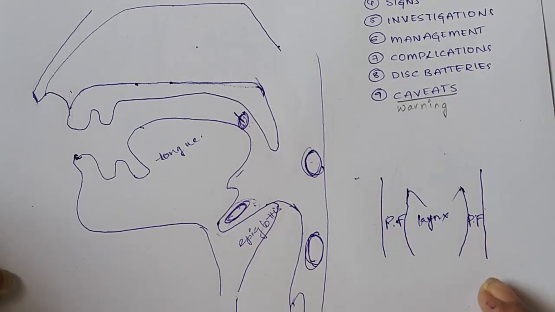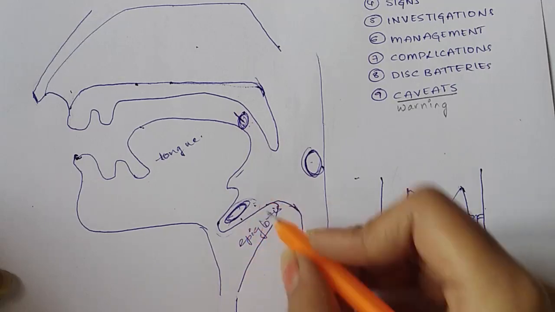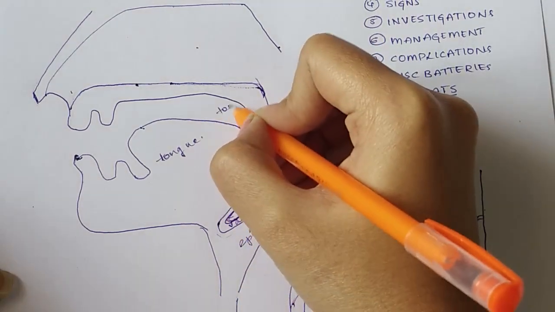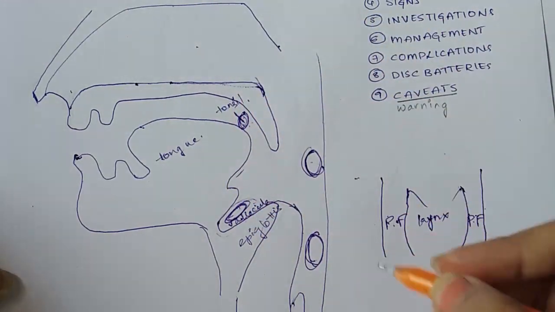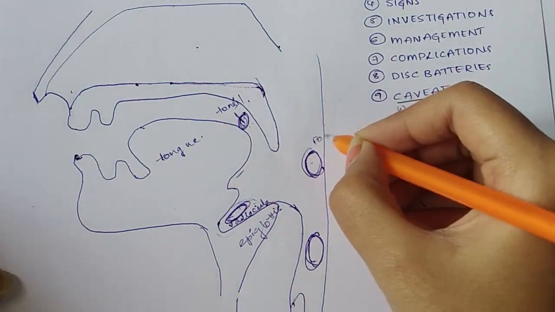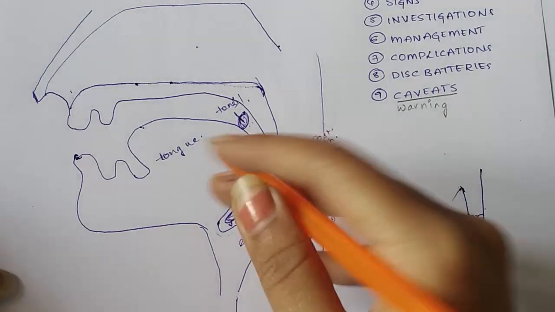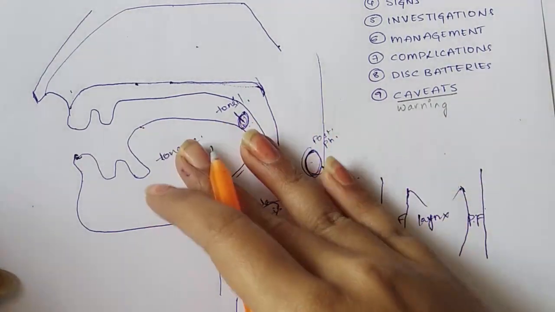So this is a pyriform fossa. In this pyriform fossa foreign body can get lodged, or in this vallecula, or in this tonsil, or in the posterior pharyngeal wall, or in the esophagus. So these are the sites of lodgement.